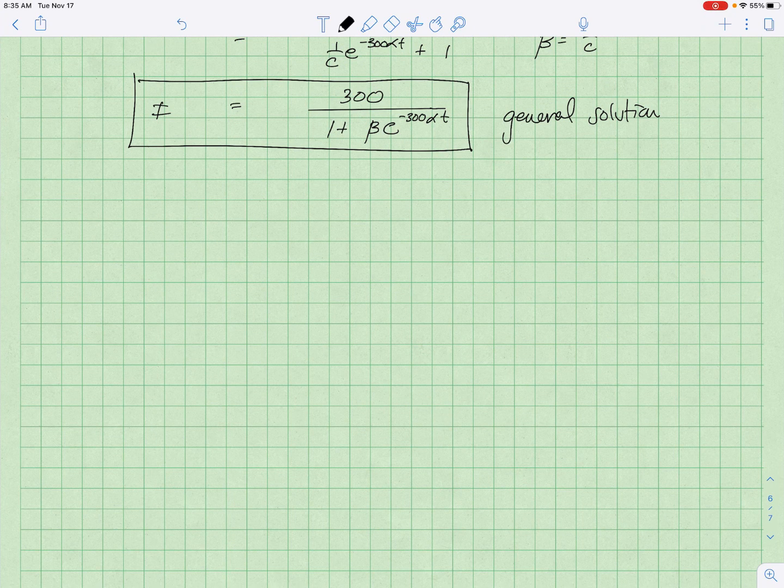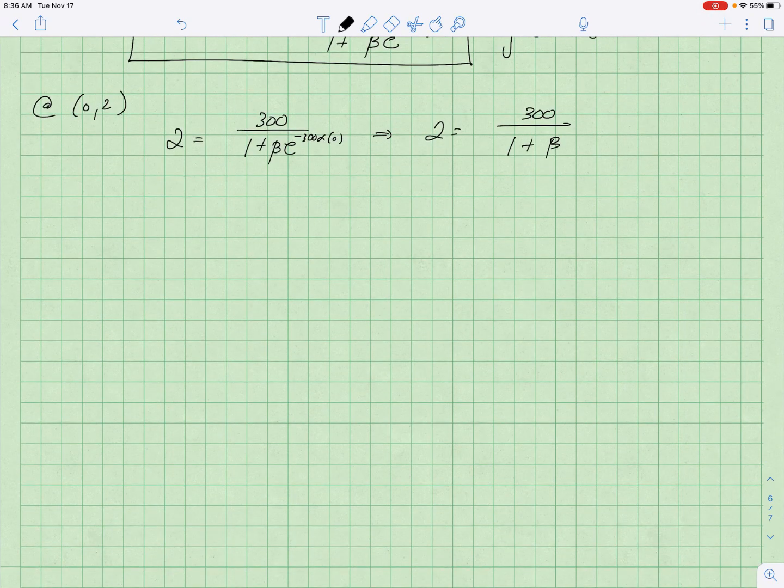So let's see here. We know that at time 0, there's 2 people infected. So 2 is equal to 300 over 1 plus beta e to the negative 300 alpha times 0, making 2 equal to 300 over 1 plus beta.